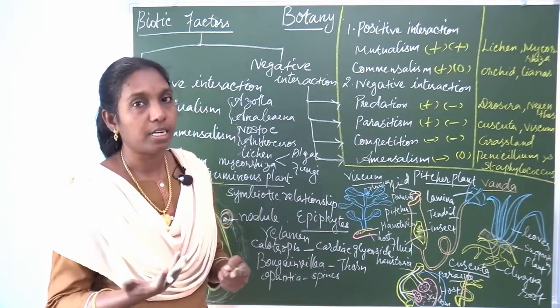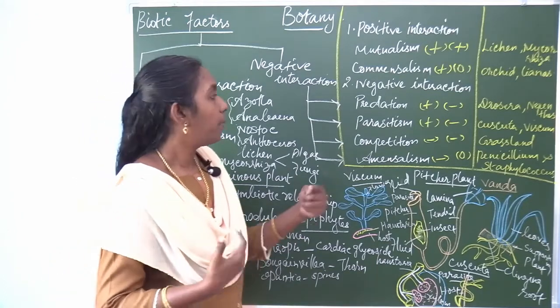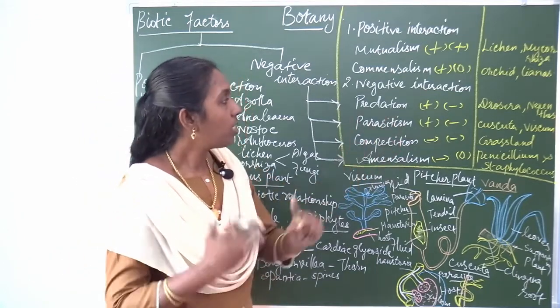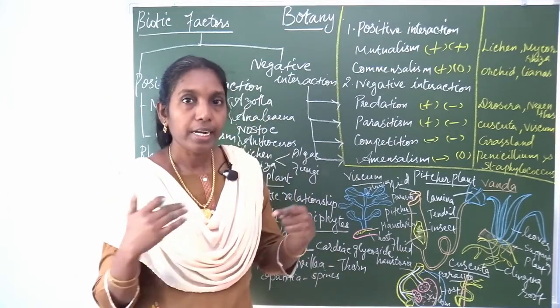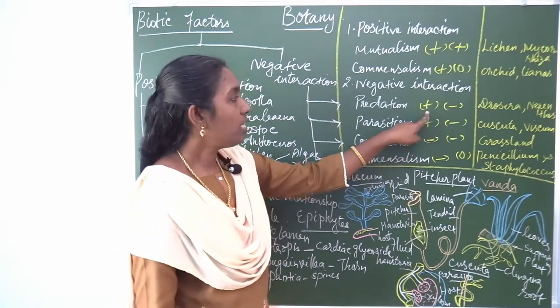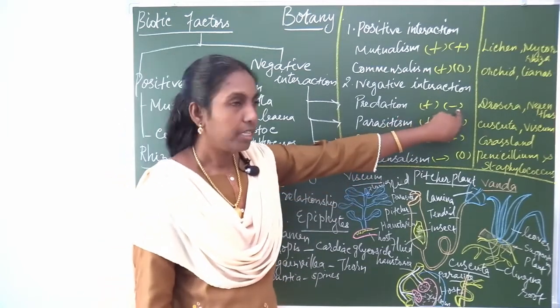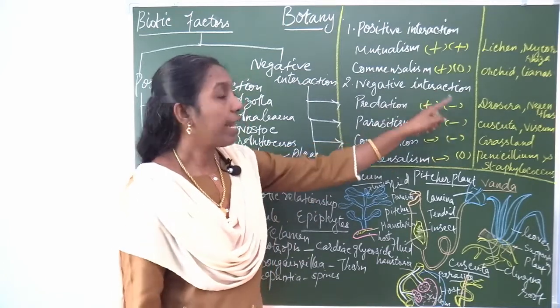Predation, you know, predatory animals, or some plants are also predatory. What is this predation? Among these, in interactions between two organisms or two species, one is benefited and the other is harmed. So these are negative interactions.